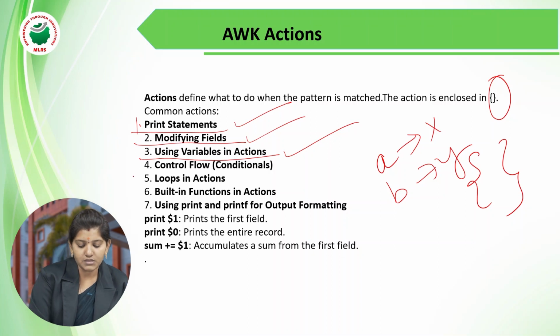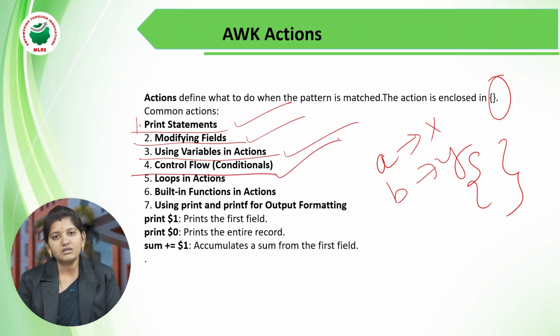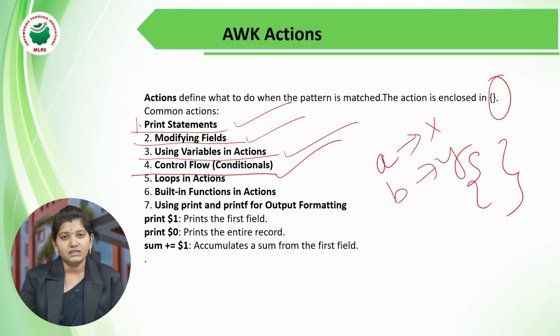Next, control flow statements. Control flow statements decide which path we have to choose, like in the programming languages we already know. The program is controlled by control flow statements: where the program has to be executed, where it has to break, where it has to continue, and how many times it has to run all depend upon the control flow statements.